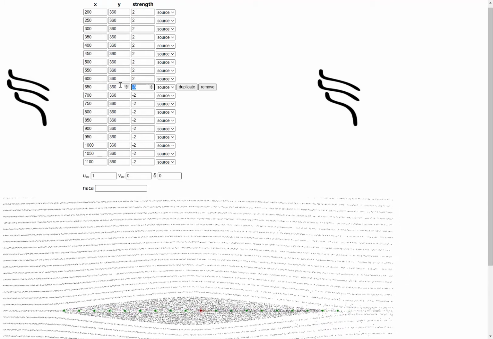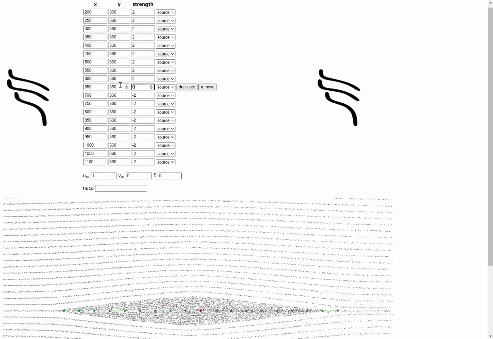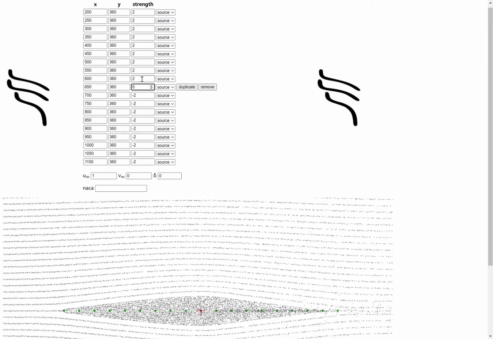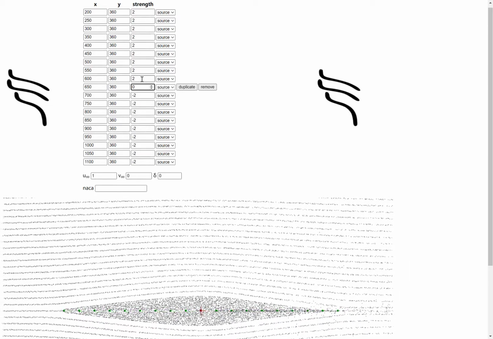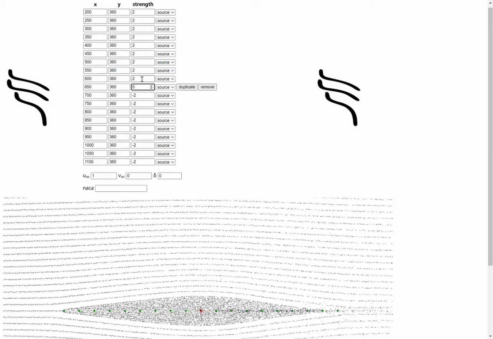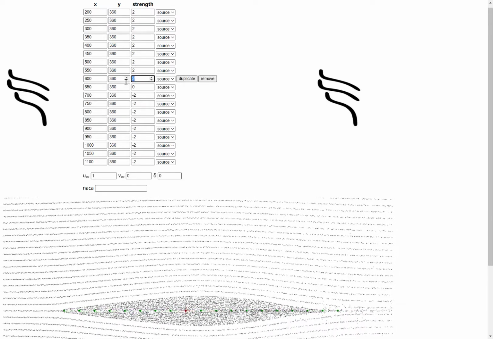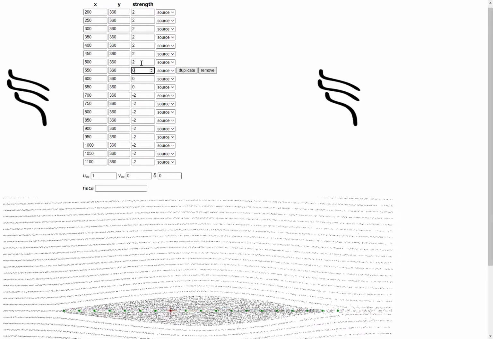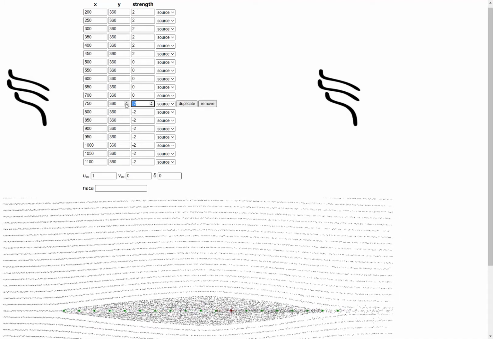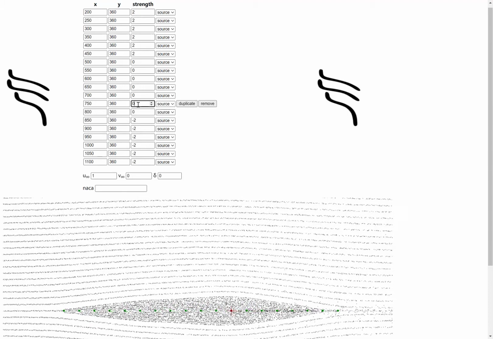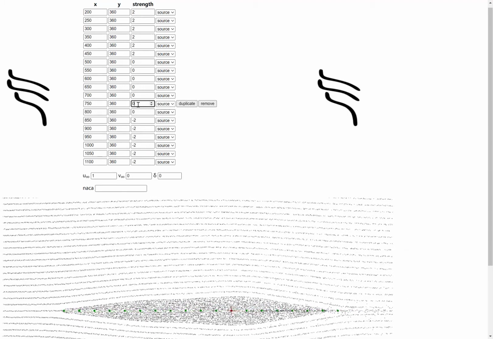So I can still keep the middle one at 0. And how many of them do you want me to make 0? Maybe 3 on each side. 3 on each side, okay. So 0, 0, 0, and 0, 0, 0. And see how the shape changes.